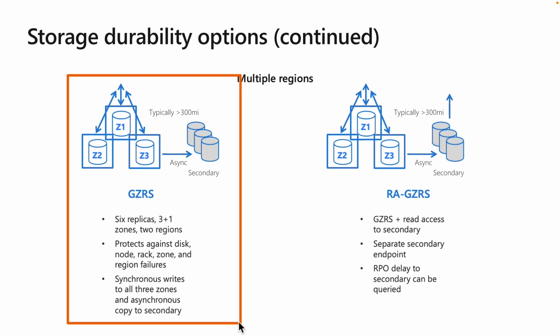This combines the high availability of ZRS with the protection from region outages that GRS provides. Optionally, you can enable read access to the data in the secondary region with read-access geo-zone-redundant storage if your applications must read data in the event of a disaster in the primary region.